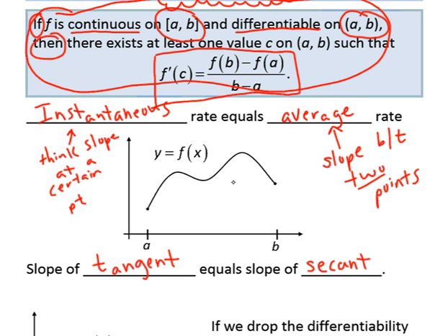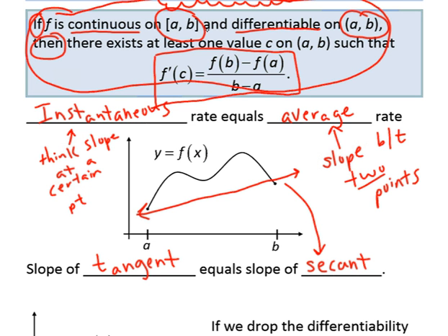So now that we look at this function, we have this function f on the closed interval from a to b, and it is continuous and differentiable. So if I think of the average rate of change, that means the slope between 2 points. If I draw a line between these 2 points, and I know I did not connect them, but pretend that they are connected, then this right here is the secant line.